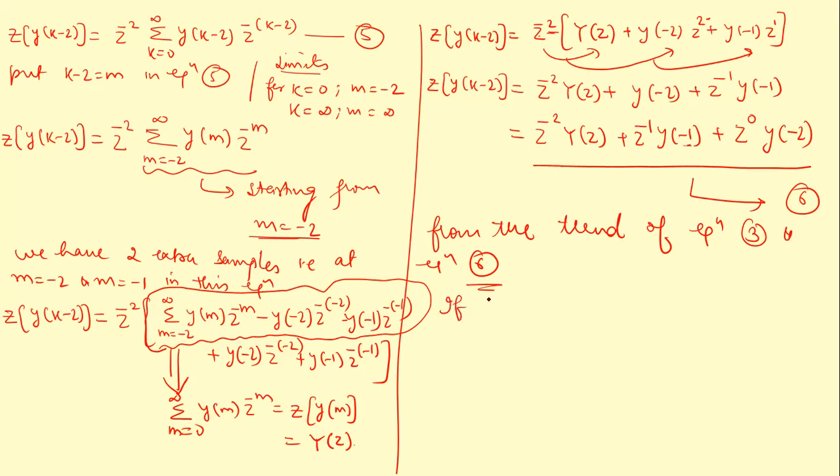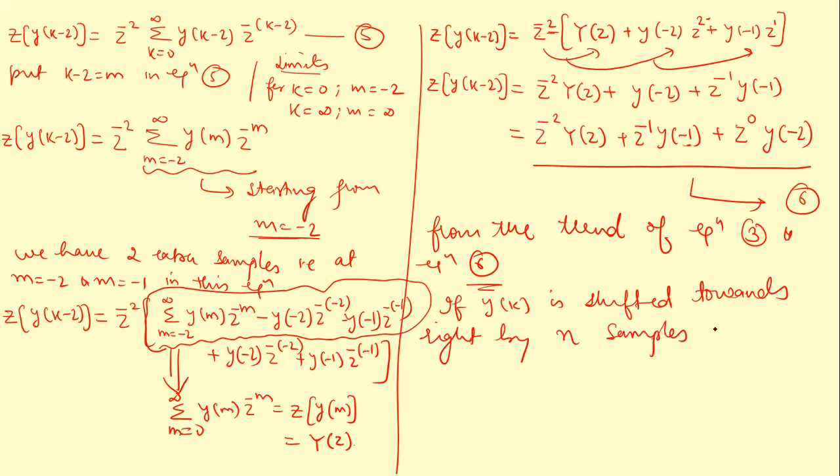Now if the same sequence y(k) is shifted towards right by, let us say, n samples, then the z transform of y(k-n) can be written, by seeing the trend, as z raised to the power minus n Y(z), then plus z raised to the power minus n plus 1 y(-1), because if n is equal to 2, z raised to the power minus 2, minus 2 plus 1 is minus 1, you can see here, right?